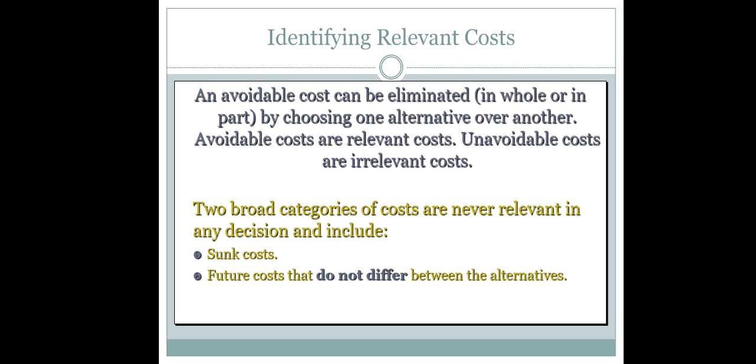And then step 3 in the decision making process that we use in accounting is to choose the best solution for the problem. So the first step is to identify the problem. The second step is to consider or list all the alternative solutions for the problem. The third step is to choose the best solution for the problem.